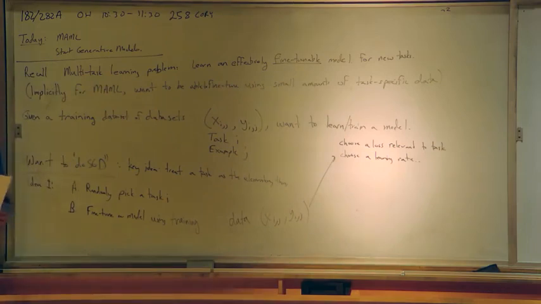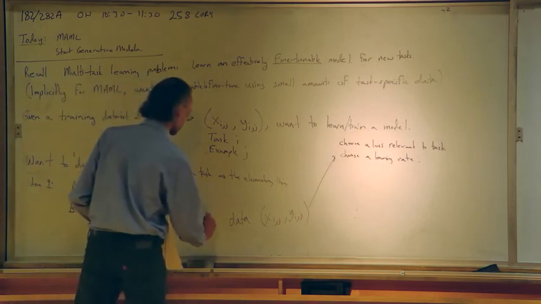Now, we have to see how well we do, right? To be able to take an SGD step, we have to be able to see how well we do. So simply training it doesn't tell us how well we do. So how do we tell how well we do? Anyone? How can we tell how well we do on this task? We have to use a test set, right? So we have to hold out a set. So we have to fine-tune our model using training data.